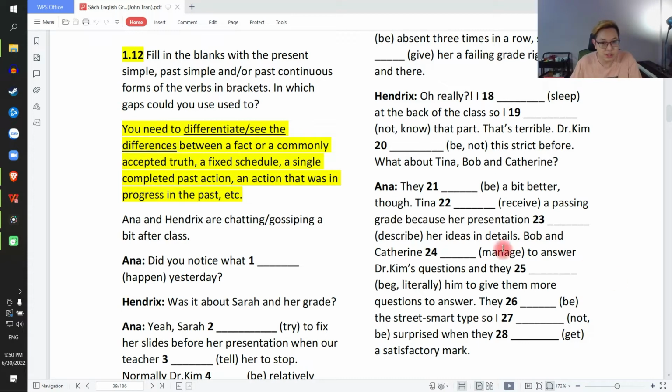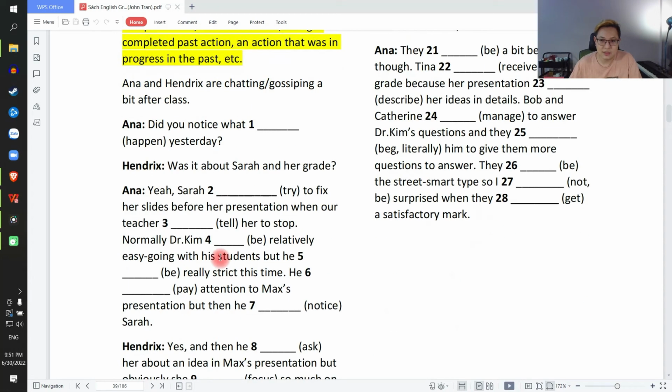So you need to differentiate or see the differences between a fact or a commonly accepted truth, a fixed schedule, a single completed past action, an action that was in progress in the past, etc. So cái bài này các bạn cần phải phân định được hoặc là nhìn thấy sự khác biệt giữa một cái sự thật hiển nhiên hoặc là một cái sự thật được chấp nhận chung, một cái kế hoạch đã được lên kế hoạch sẵn rồi, fix rồi, không thay đổi nữa, một cái hành động đơn lẻ trong quá khứ được hoàn thành rồi, một cái hành động đang diễn ra trong tiến trình trong quá khứ, vân vân.